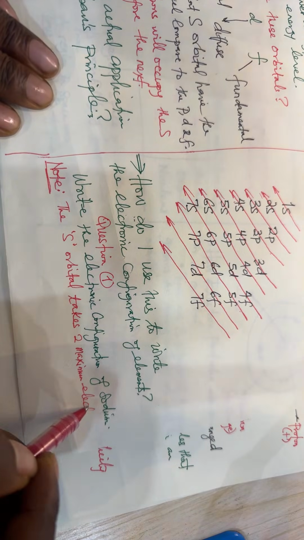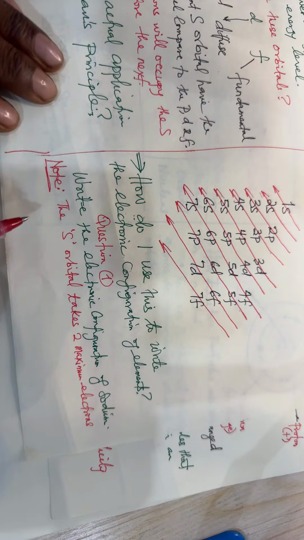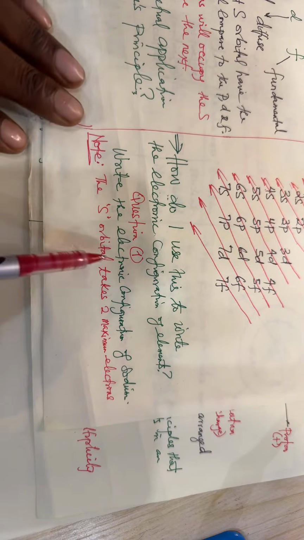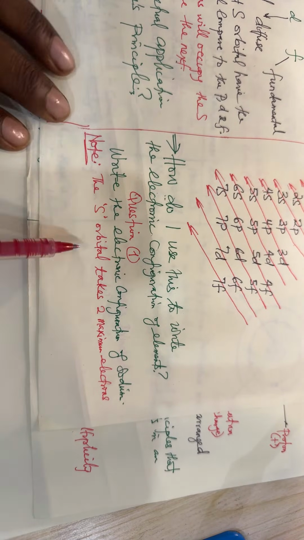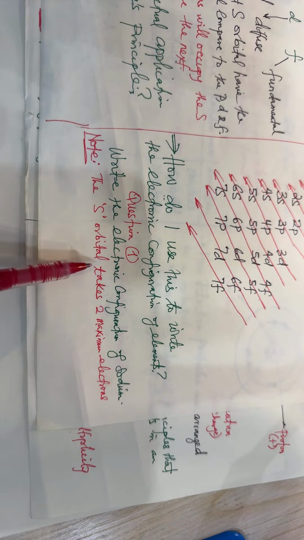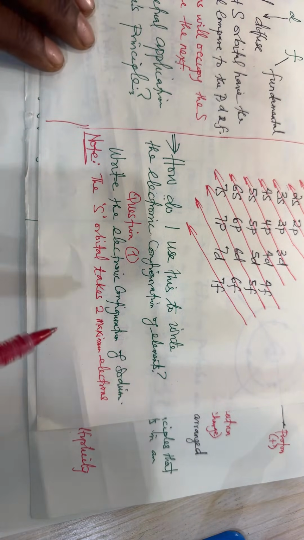I mean, the maximum number of electrons the S orbital can take is 2, it will not pass 2. I want to show you how to use this, but this particular tip I'm giving you now will help you understand it. The maximum number of electrons the S orbital can take is 2. It will not pass 2.